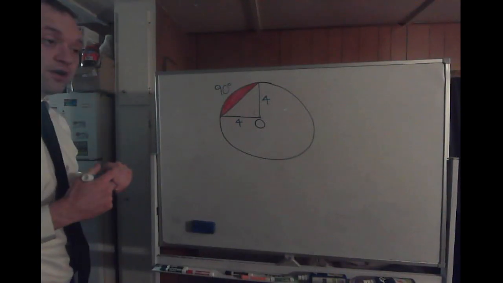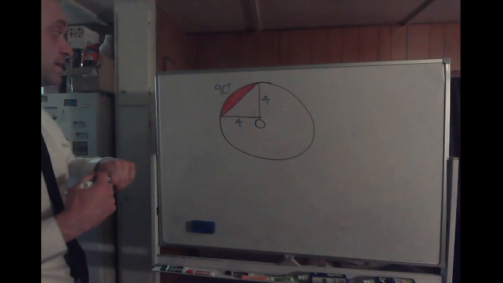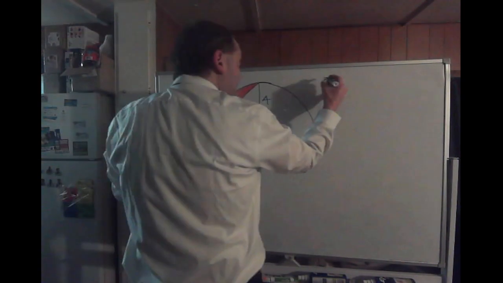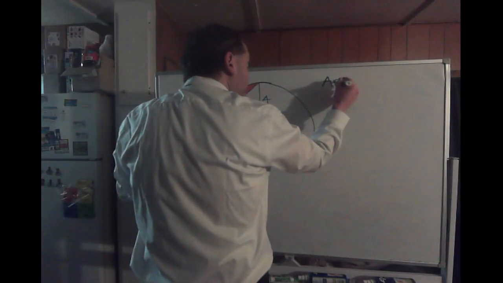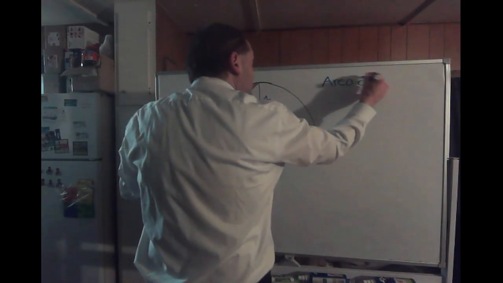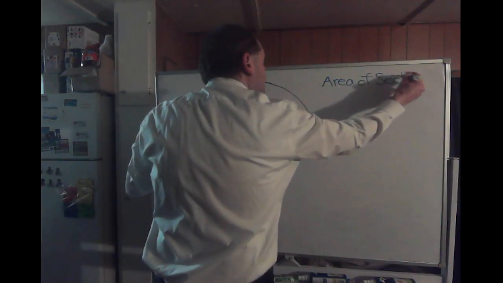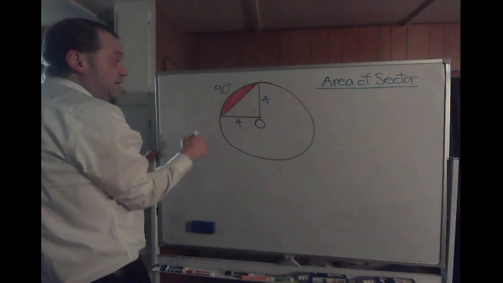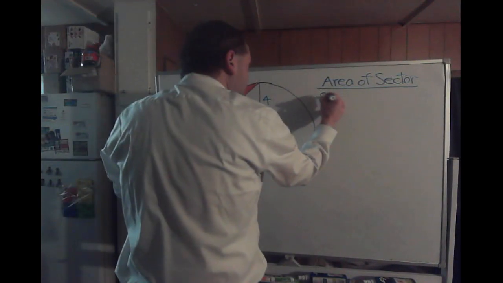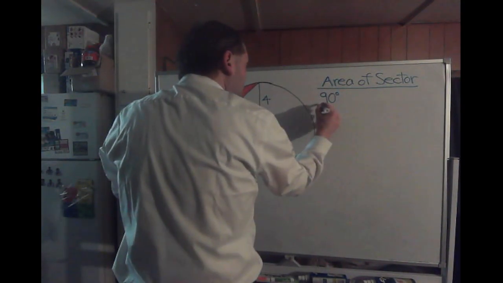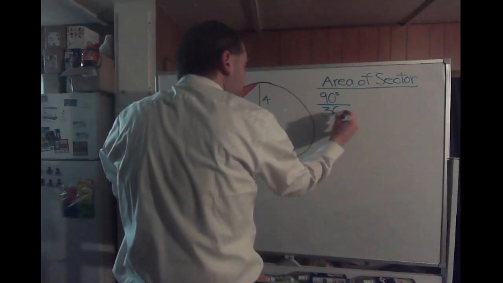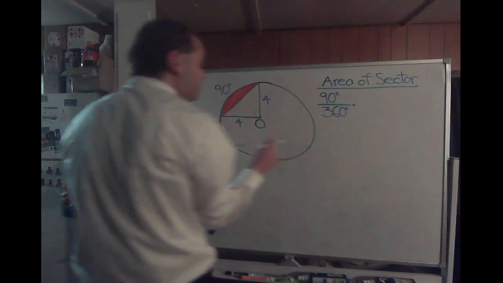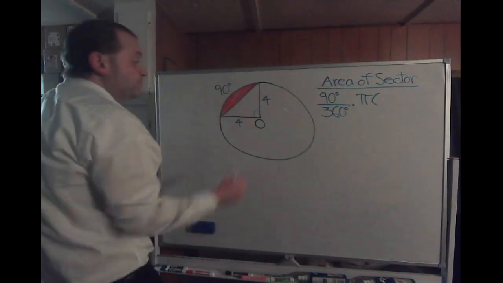If we remember how to find the area of the sector, it's going to be the measure of your arc, which is 90 degrees over 360 degrees, times the formula for the area of the circle, which would be pi times your radius squared. Your radius is 4, so that'd be 4 squared.